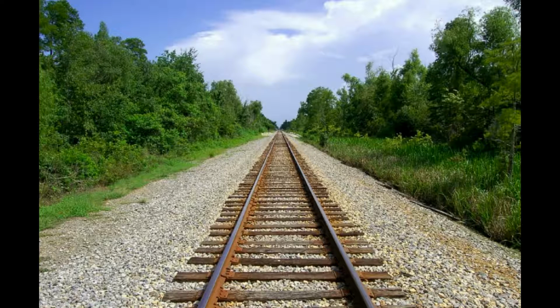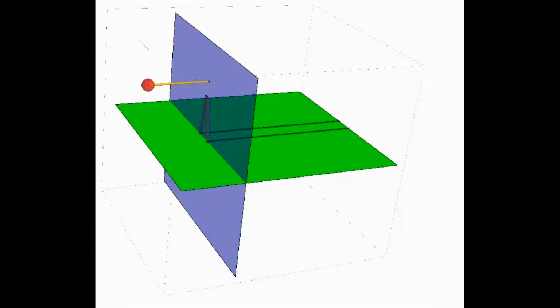So for example, we could think about what a perspective drawing artist would make of these railroad tracks. And of course they would produce a picture which would be very, very similar to this one that we see here. So here we have a very simple model of what goes on with perspective drawing. This green plane here represents the scene, the kind of thing that the artist wants to draw.